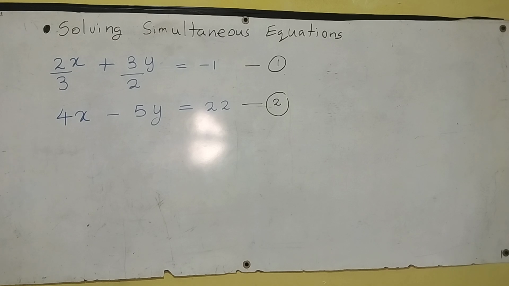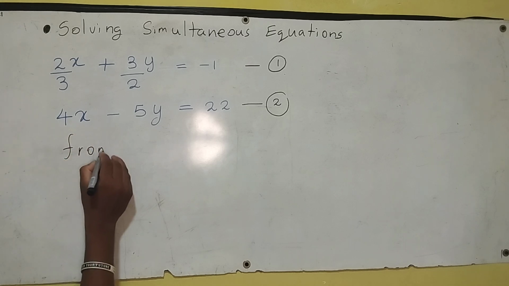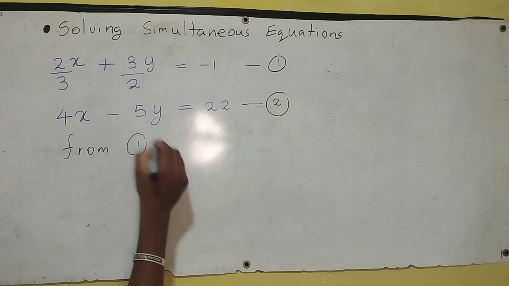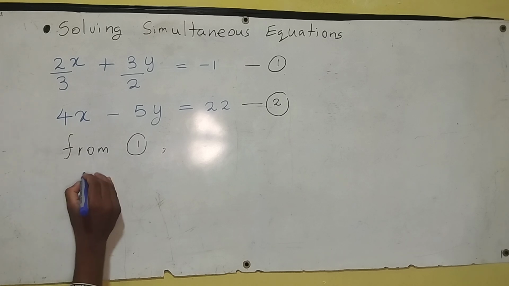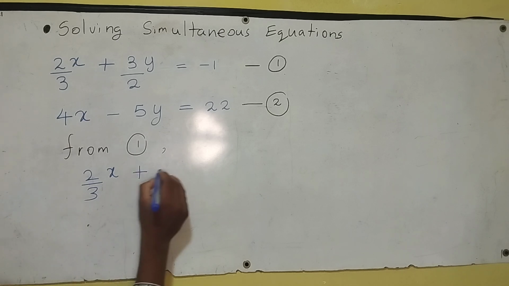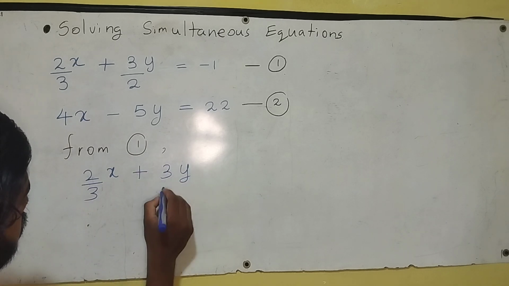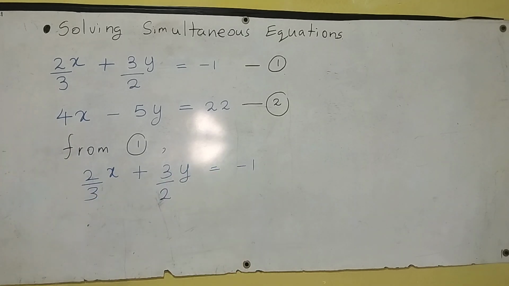Now look at the board. From the first equation, 2x divided by 3 plus 3y divided by 2 is equal to minus 1.